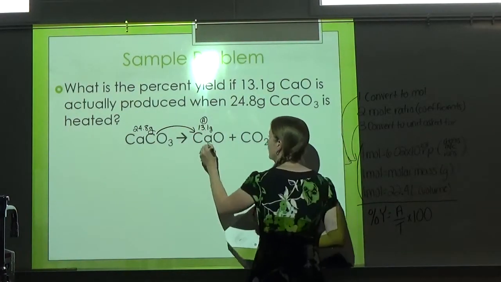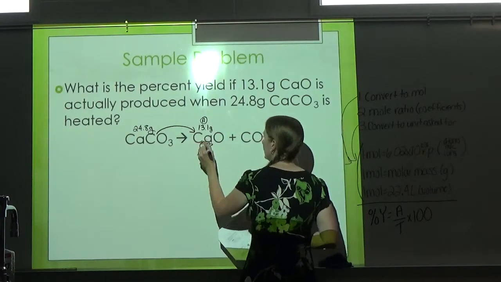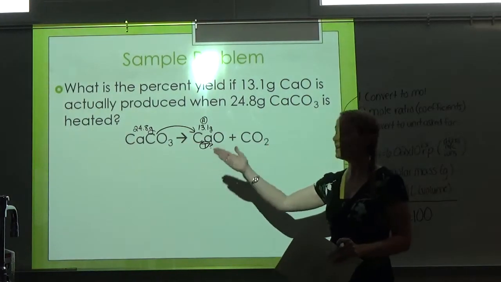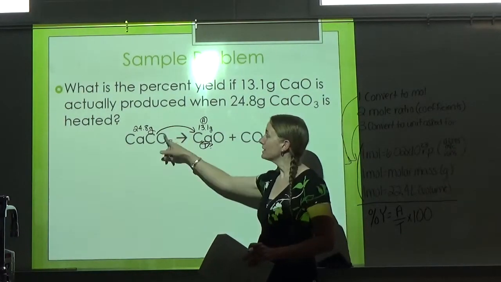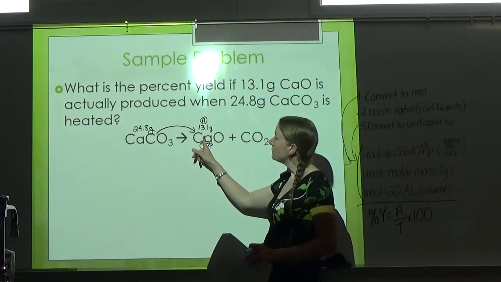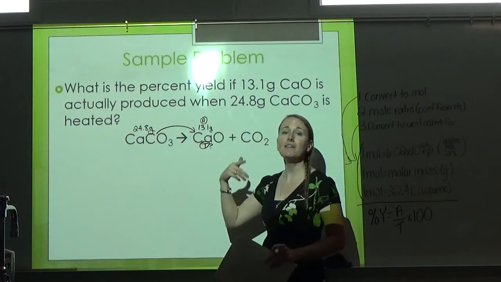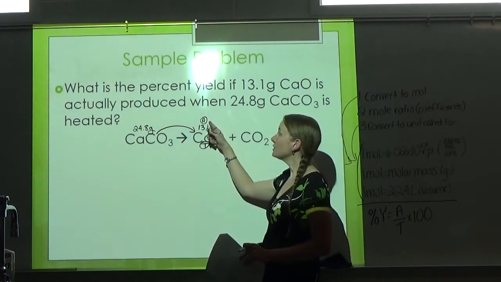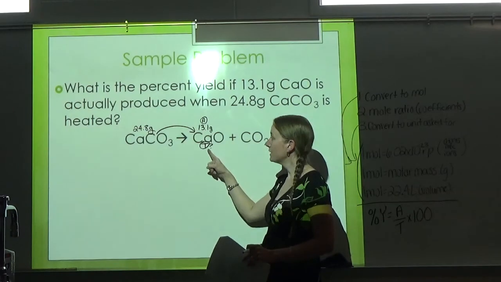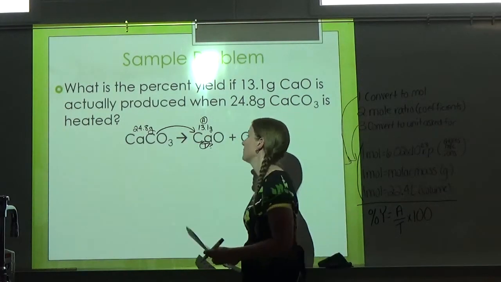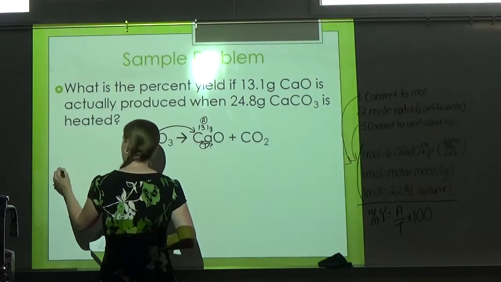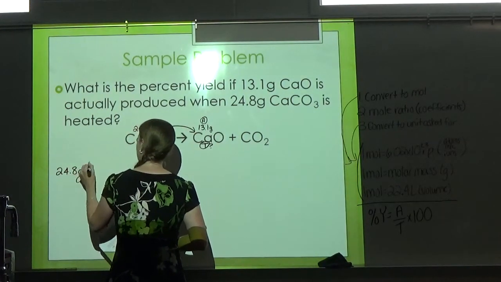What we need to figure out is our theoretical. How much should we have produced? And so that's where people lose track of what they're doing, because it's weird to go to the substance that you already have a number for. But remember, this is what actually happened. We're trying to figure out in a perfect world how much in theory we could have produced. So I start with what I know. So 24.8 grams of calcium carbonate.